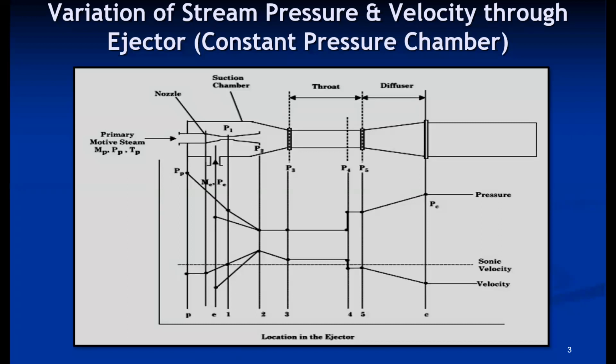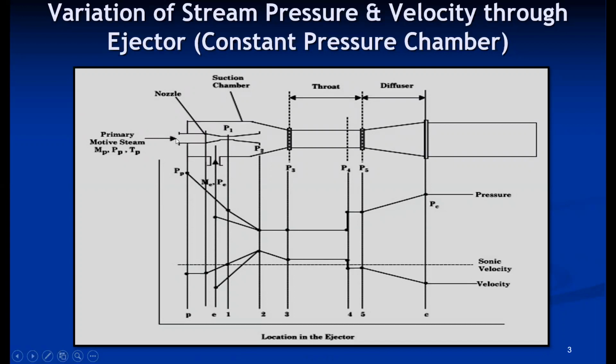Another type of ejector that is used is called a constant pressure chamber. In this case, the pressure remains constant in the mixing chamber. The mixing chamber consists of a convergent portion and a constant area portion. In this particular case, the pressure remains constant. So let us discuss the pressure variation of the primary and secondary fluid in this ejector.